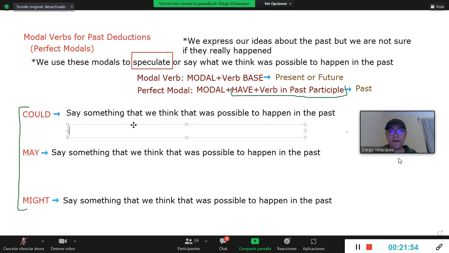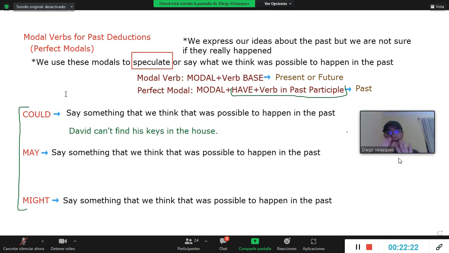Let's imagine that we have the following example, people. Maybe I will create one sentence with David. Okay. Imagine the next situation, everyone. And I tell you, David can't find his keys in the house. Okay, attention.